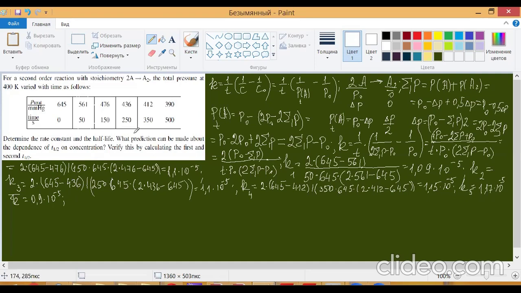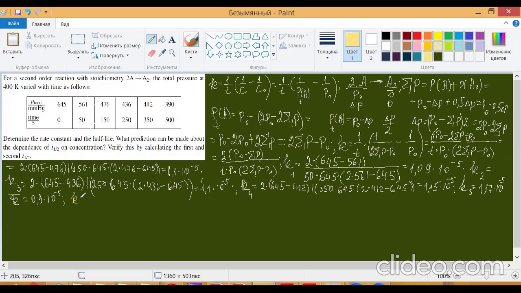Now, what we need to do is just to calculate the half-life time. Let's do that. First of all, let's write the formula. The formula would be like this.